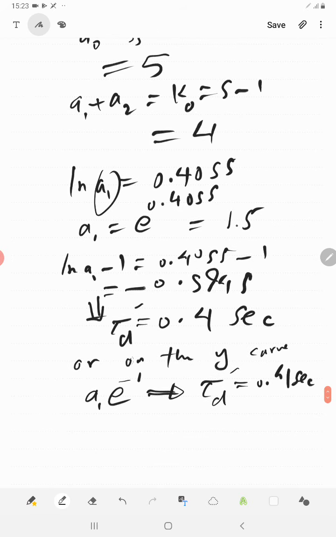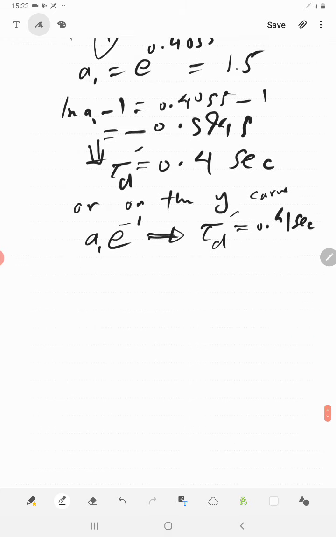Then this will determine A1 and the transient time constant.